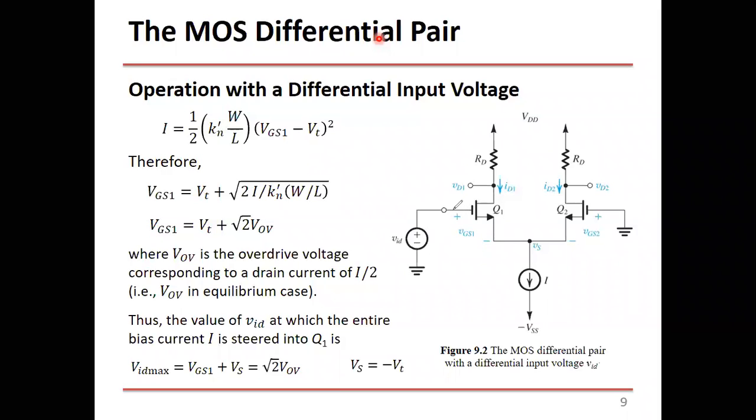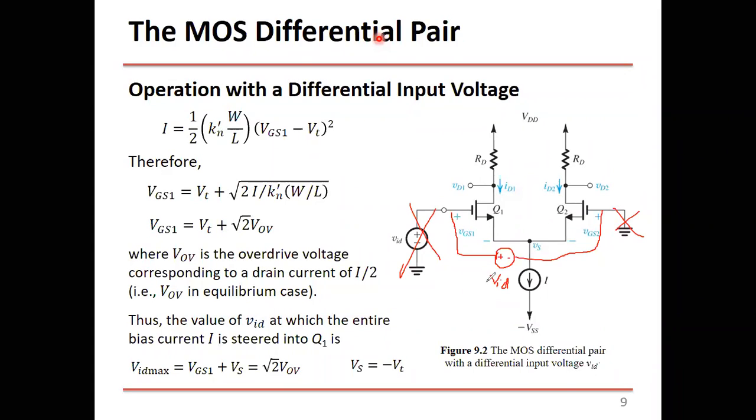So as we are doing this, forget about this one here. So it's like this. And this is VID. Forget about this. So we are connecting the input voltage across terminal 1 and terminal 2.